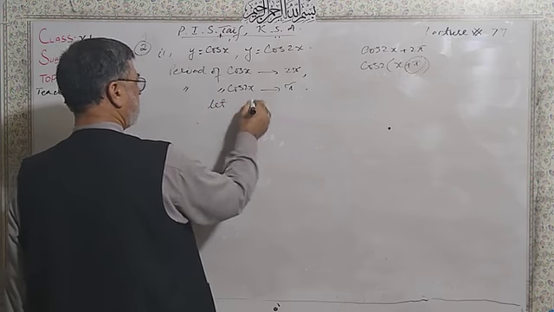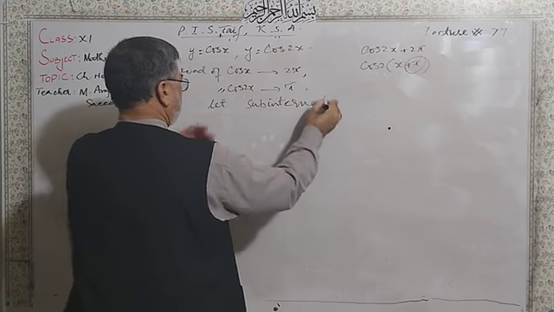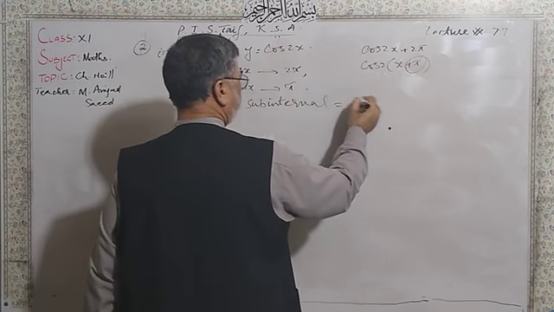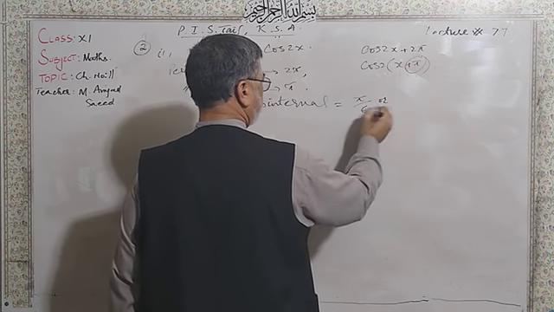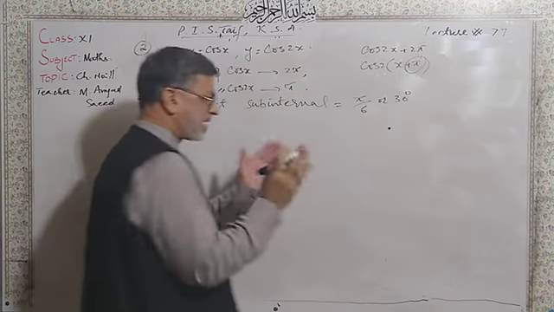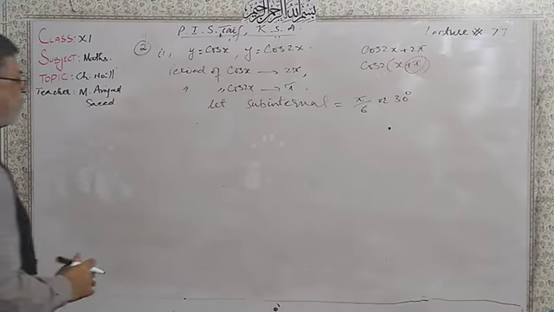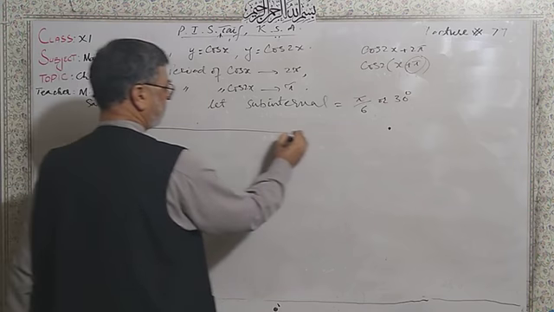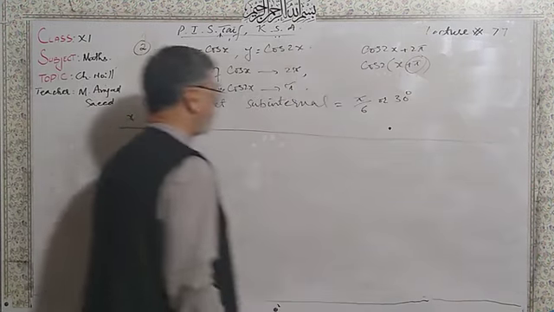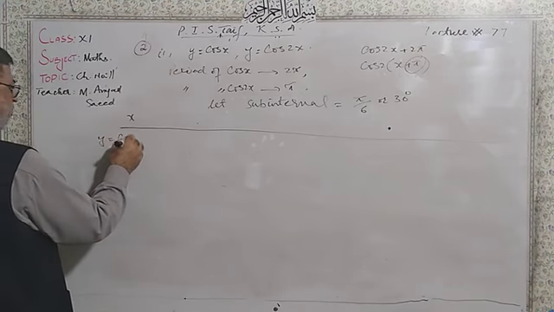Let the subinterval be pi by 3, or rather pi by 6. It is better to have less gap so that we can have a proper graph between the values. Here you can have x and y is equal to cos x.